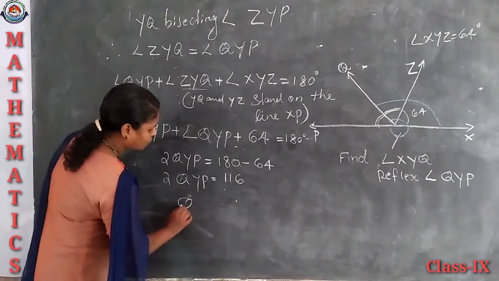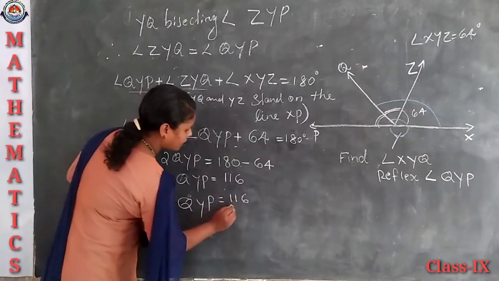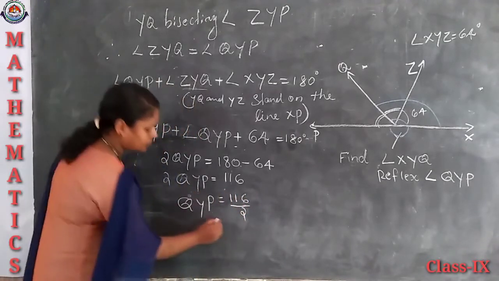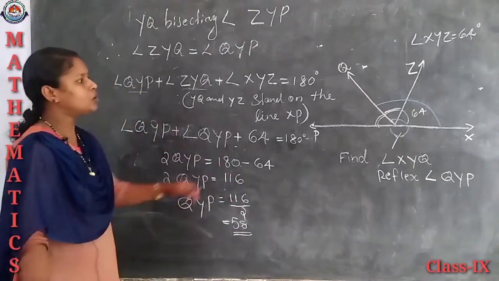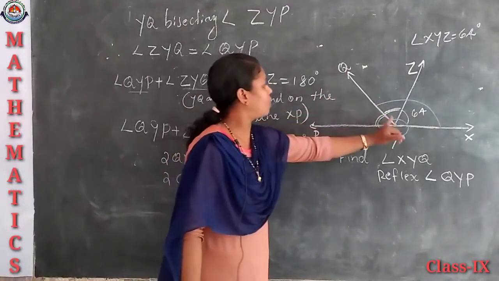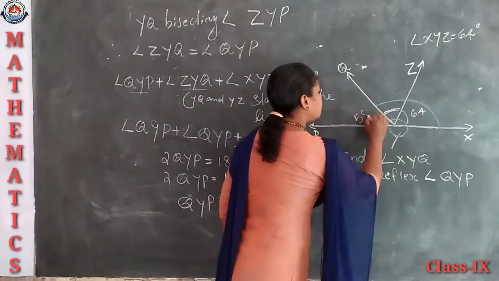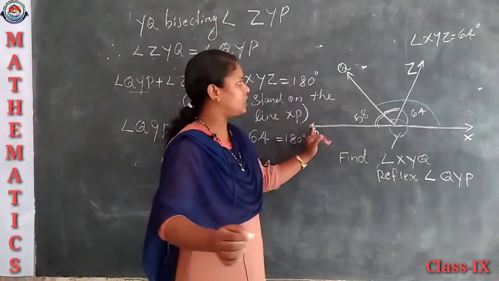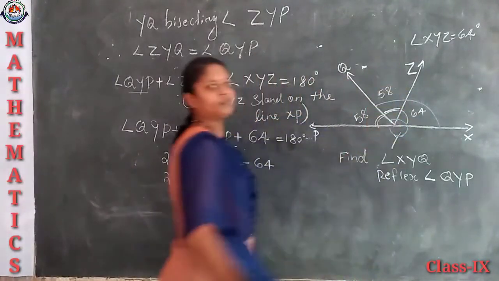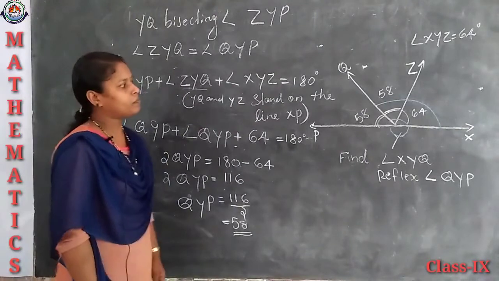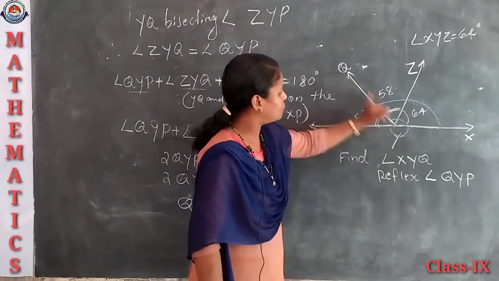That is, QYP equals 116 divided by 2, which is equal to 58. So this angle QYP is 58 degrees. If it is 58, this angle also will be 58. So this angle is 58 degrees.